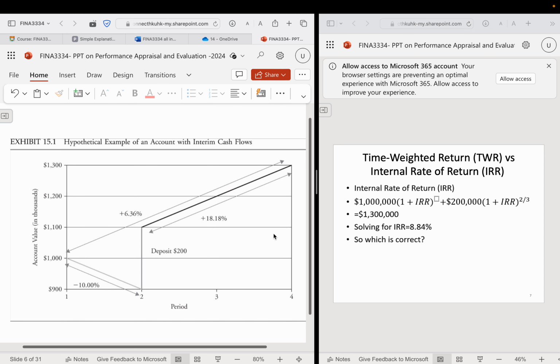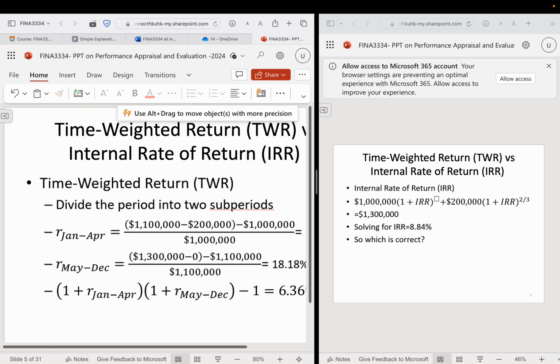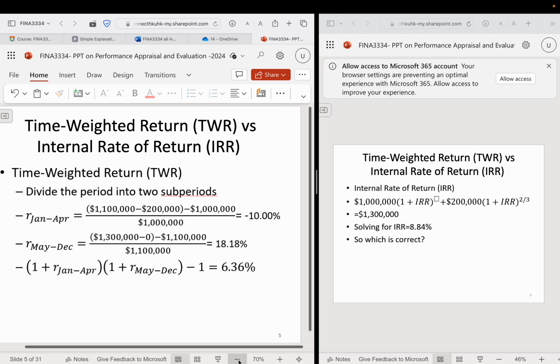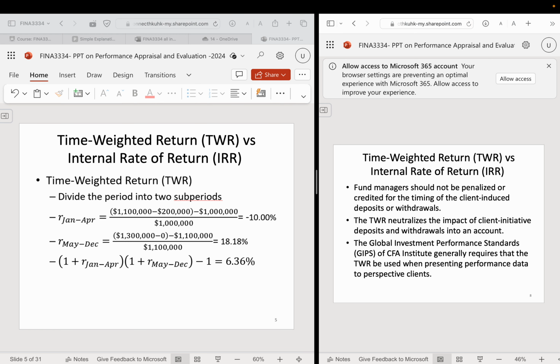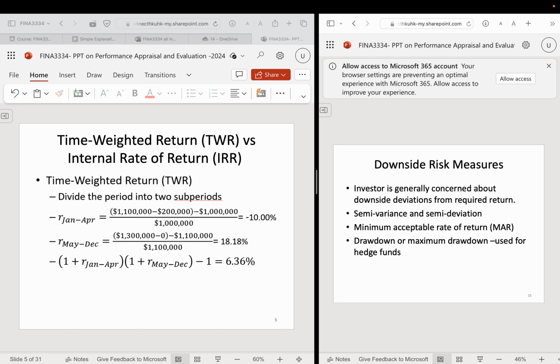However, for longer term investment, we will prefer to use the IRR, especially when the cash flow is very irregular. But for the normal investment return, portfolio return, we will use the time weighted return, especially for fund management or hedge funds.